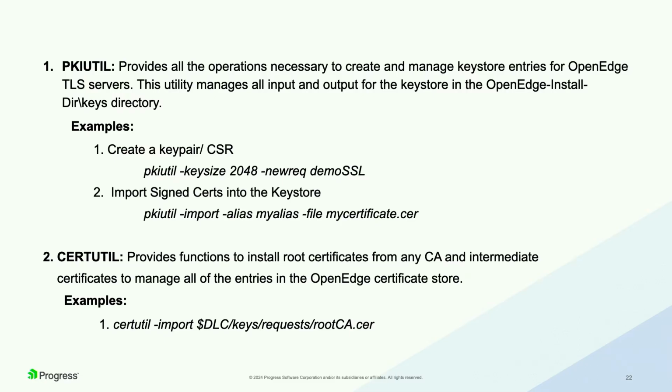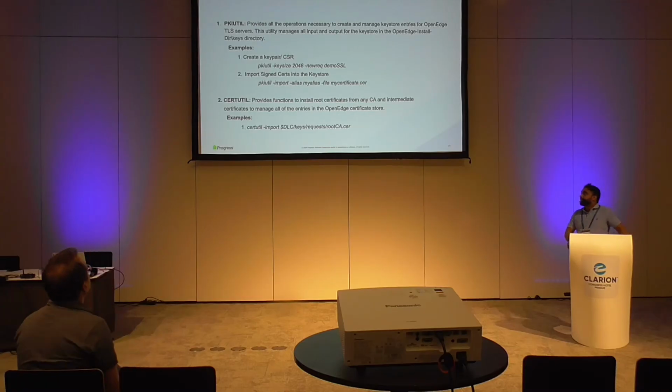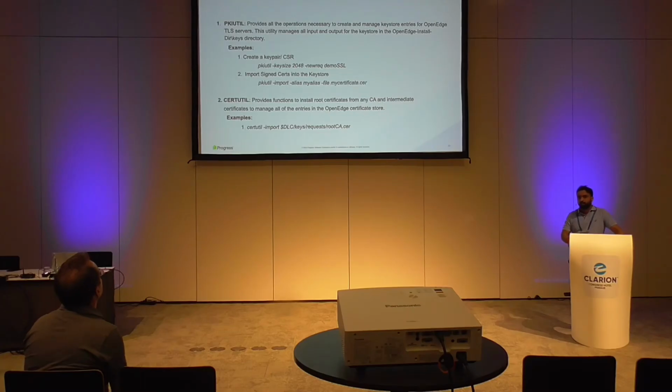You can perform all your keystore related operations using this utility. Like you can create your key pair or certificate signing request, then you can import these certificates to your keystore.